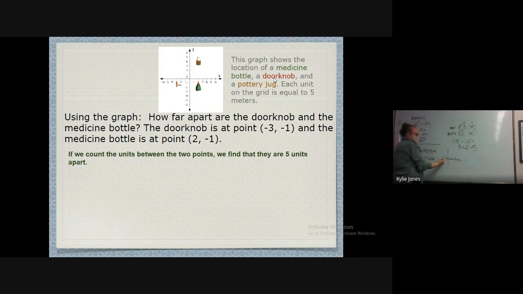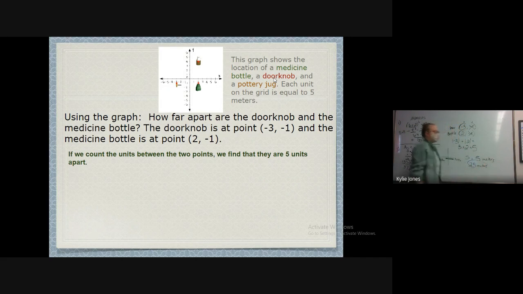Each jump that we take, the 1, 2, 3, 4, 5, is 5 meters. How can I figure out the true length of how far apart they are? 5 times 5. Good. You would take the distance 5 times each meter. So how many meters apart are they? 25 meters.